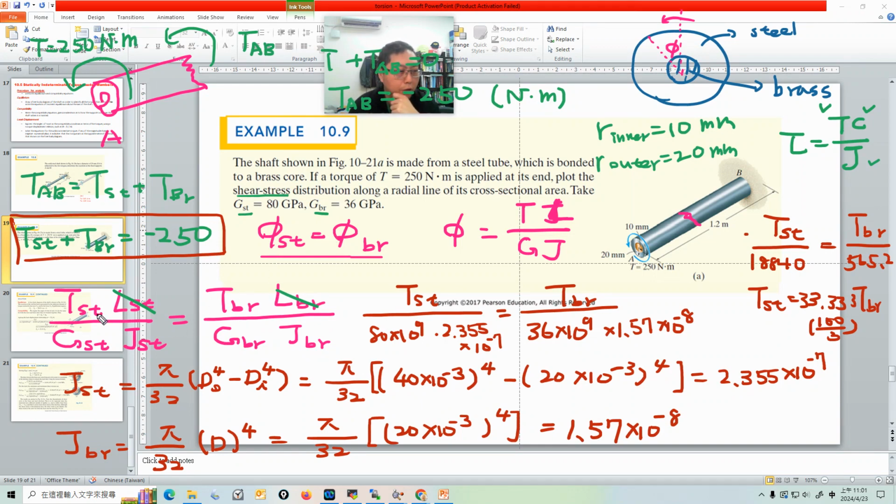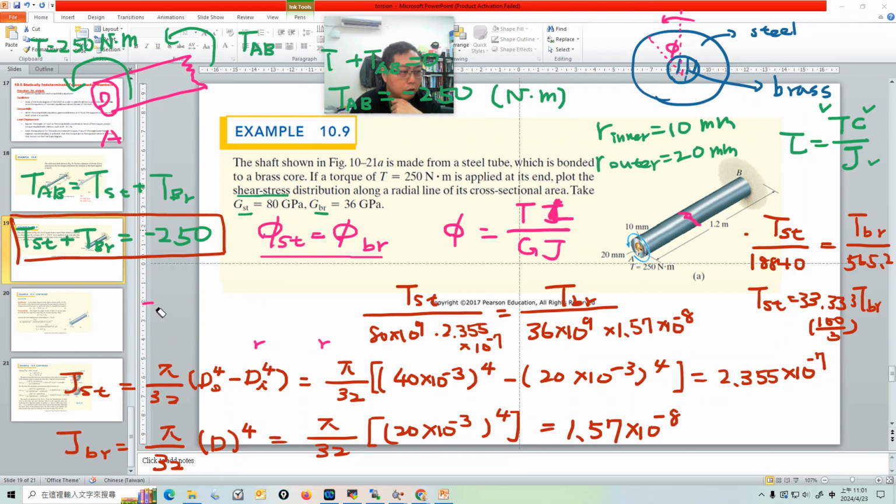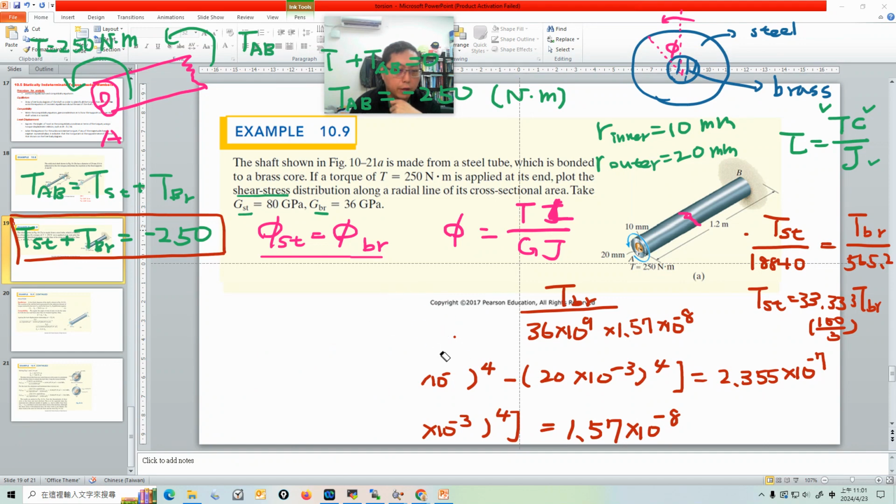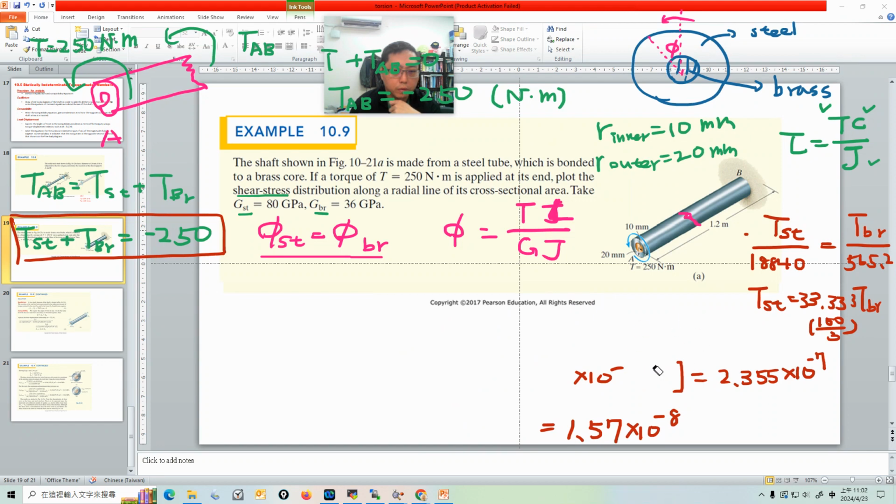So okay, let me erase this equation. Oh, sorry, I have to erase this part. So we are going to get the final answer. You have a relationship between TST and TBR. You have two unknowns and two equations, so I think you can solve TST and TBR very, very easily.